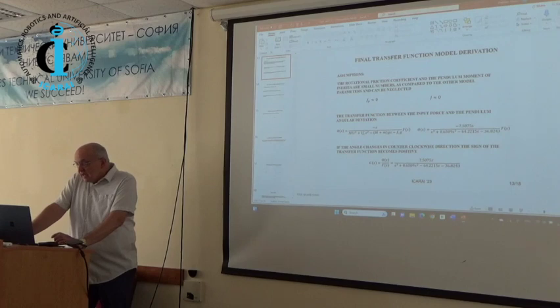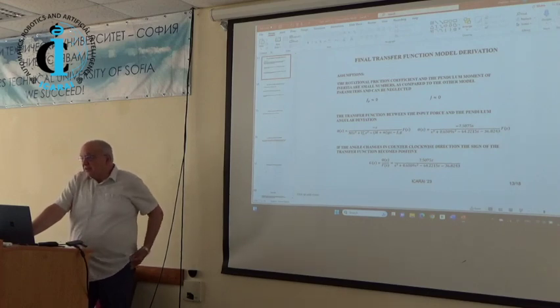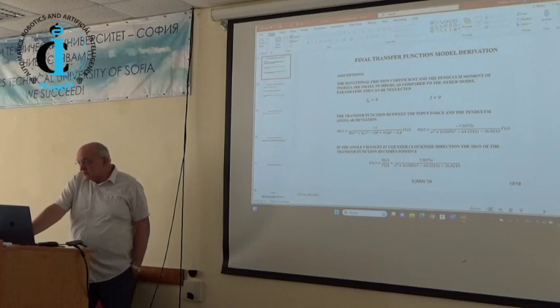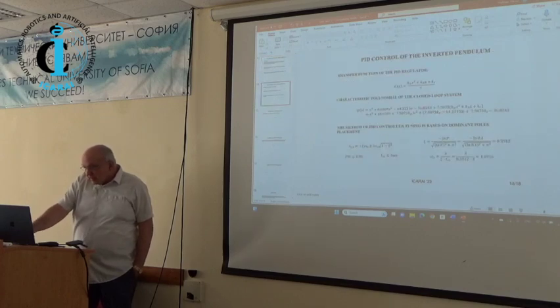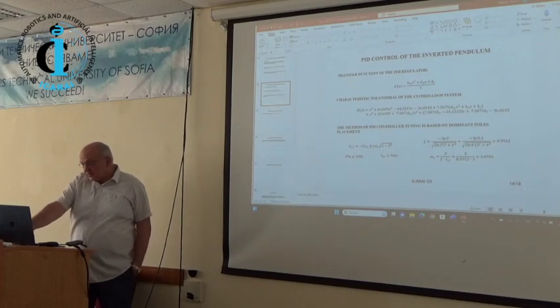Then, based on the cascade connection between the PID controller and the system model developed so far, I obtained the characteristic polynomial of the closed loop system, which looks like this.